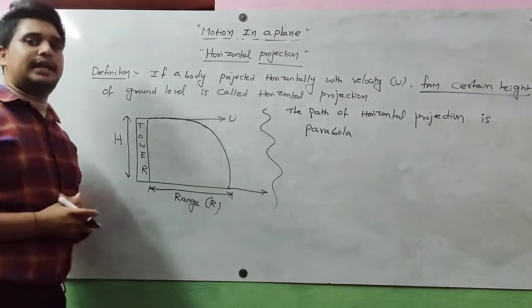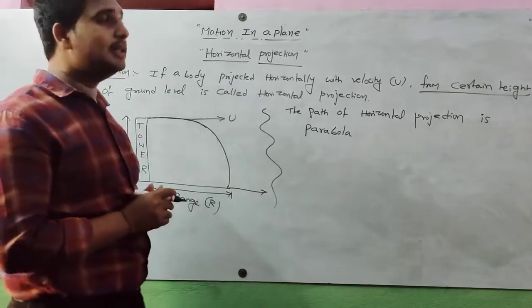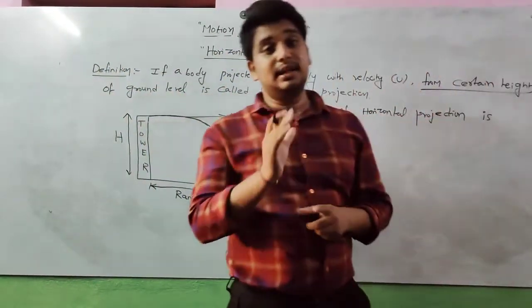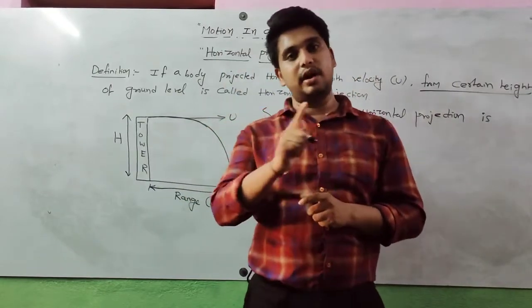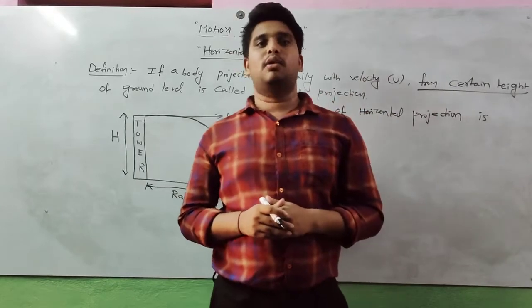Now here in horizontal projection, we have two motions because it is motion in two dimensions. In motion in two dimensions, definitely the body has two motions. One is horizontal motion, another is vertical motion. I'll discuss them one by one.